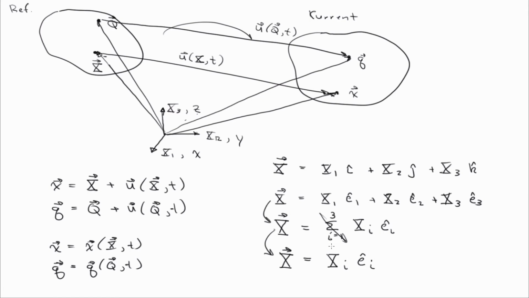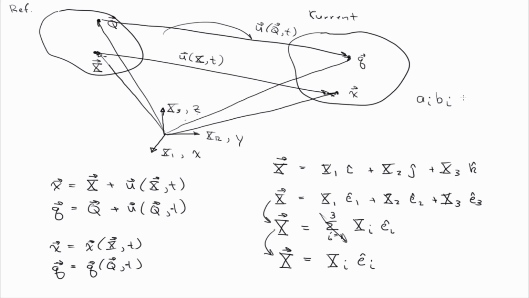Most notably, any time you have a term with a repeated index, the index can only be repeated once. So I could have something like ai bi. That, in fact, is just the dot product of two vectors a and b, the components of two vectors a and b.